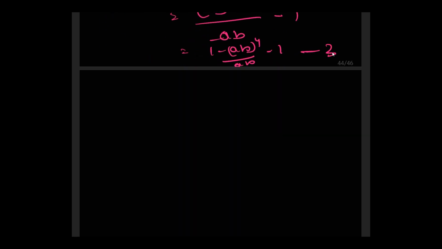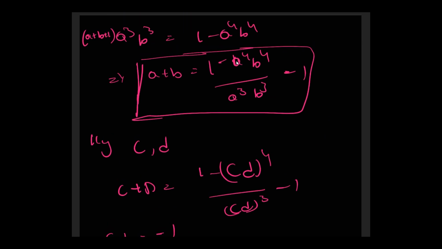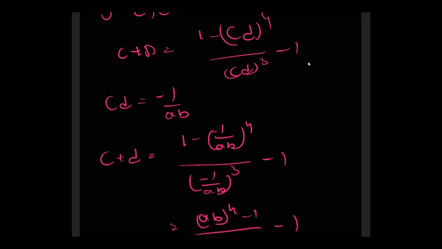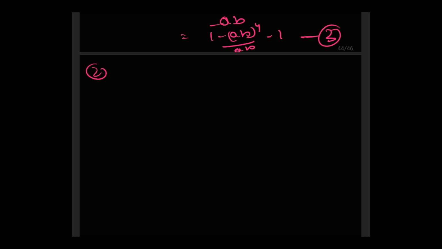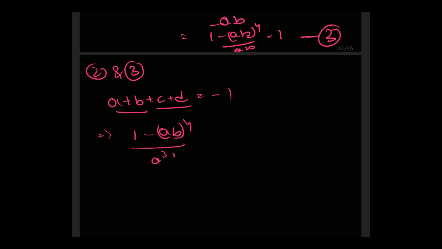Now take this as equation 3 and this as equation 2. From 2 and 3, we know that a plus b plus c plus d is minus 1. That means substitute the a plus b value and c plus d value. We get 1 minus ab whole power 4 by a cube b cube minus 1 plus 1 minus ab whole power 4 by ab minus 1 equals minus 1.